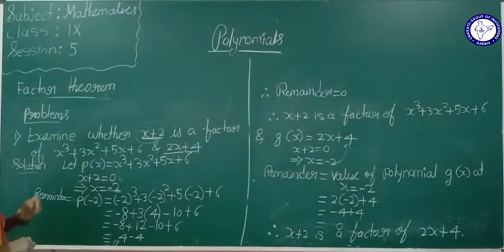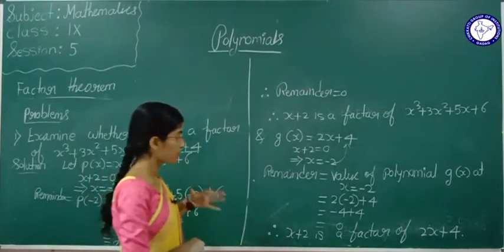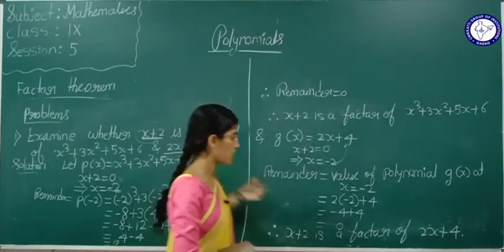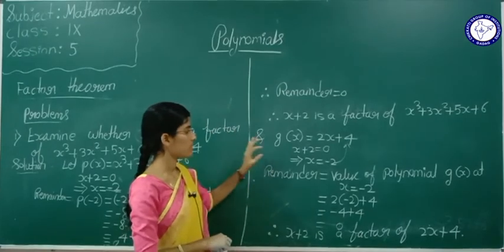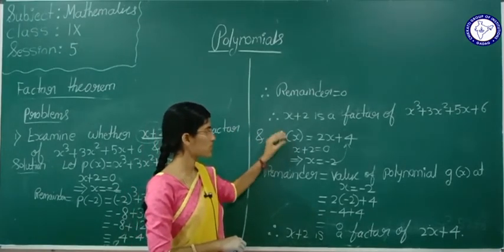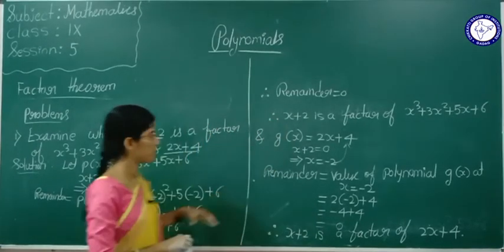So what we have done, factor theorem is nothing but first, we find out the remainder, and if you got remainder 0, only at that time can we tell that x plus 2 is a factor of g of x.